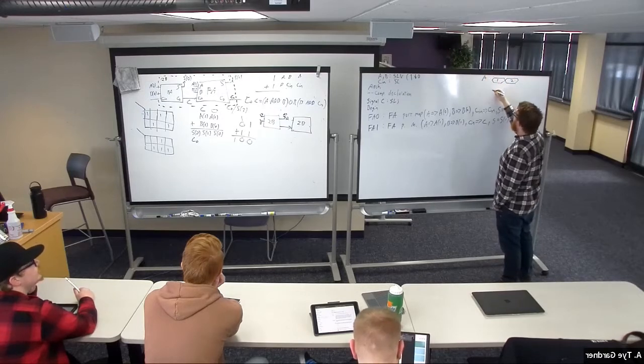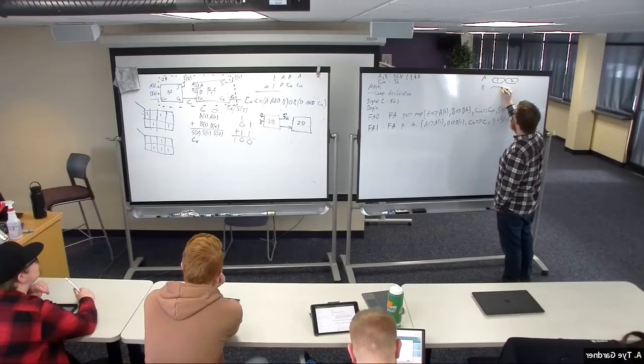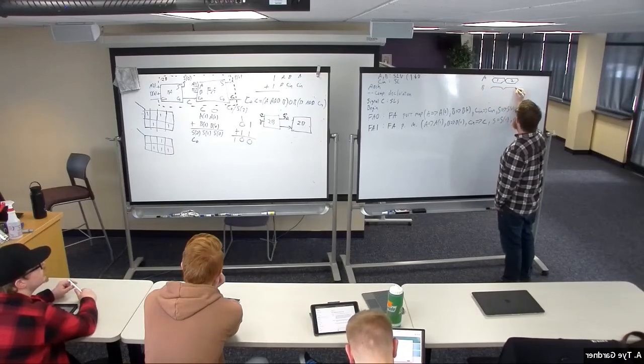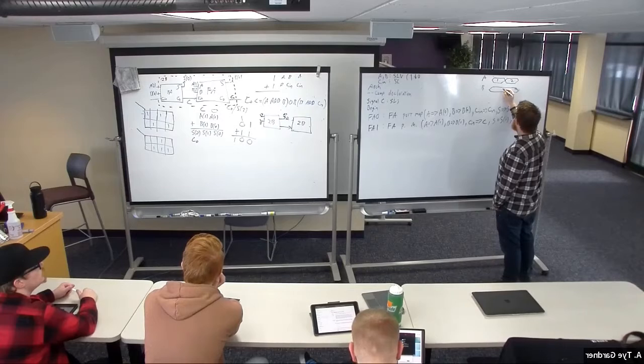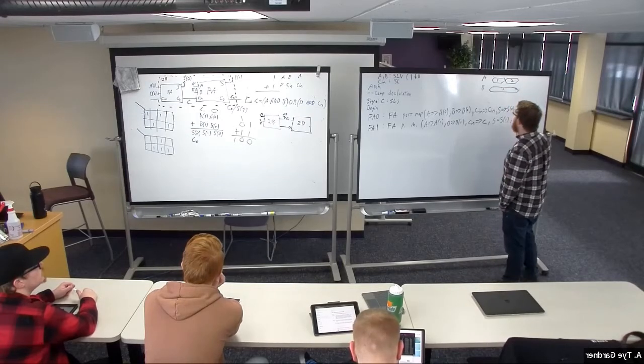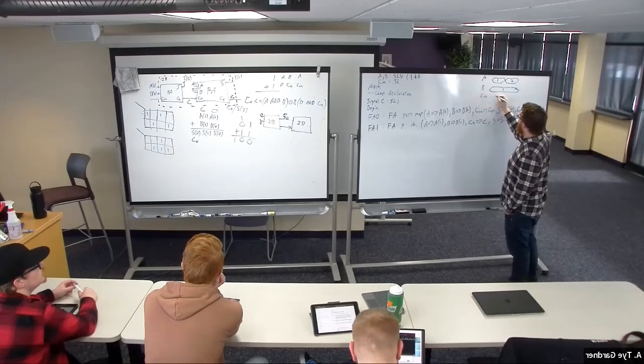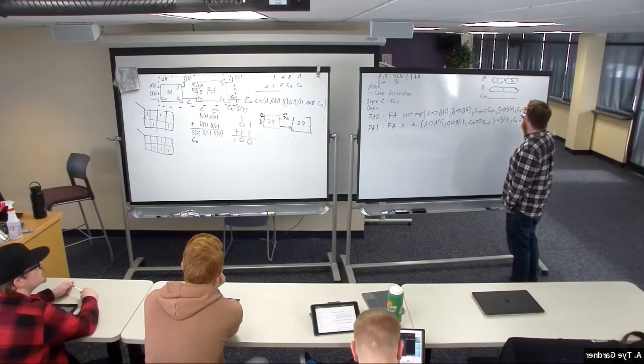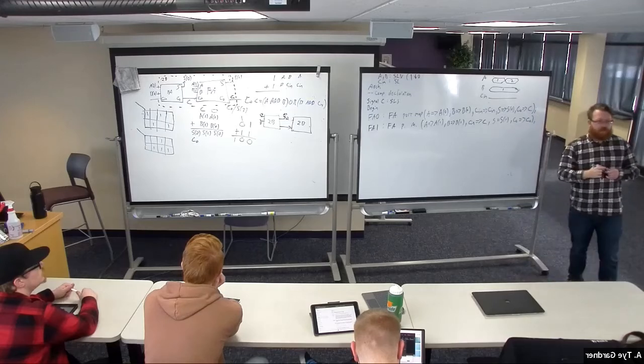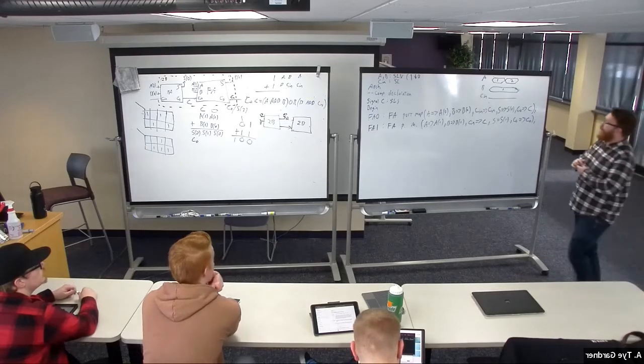This is A. This is B. And this is not, of course, in order. Maybe I'll just do it this way. Right? Our input signals might look like this.